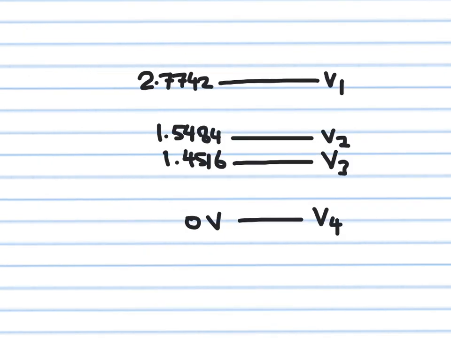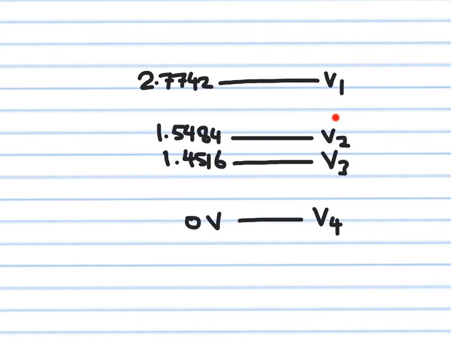So if you want to draw a diagram, this is what's happening. All the solutions we got are positive. So this is V4, it is 0 volts. This is V3, higher than V4 by 1.4516. V2 is higher than V4 by 1.5484.